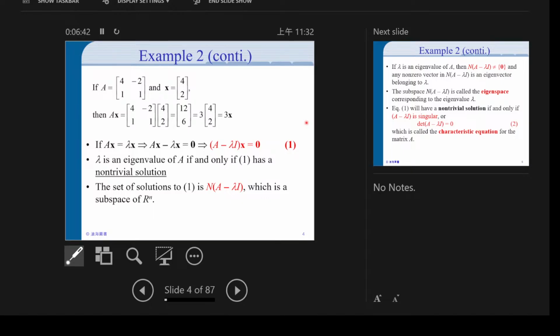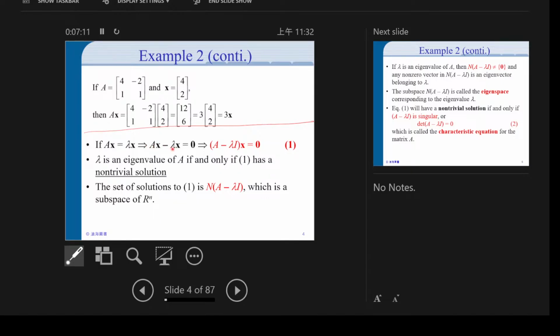So far that's about multiplication of eigenvectors, and now we start solving for eigenvalues and eigenvectors. How we solve for them is we think about this equation. Eigenvalue and eigenvector satisfy Ax equal to lambda x, and this is a linear equation, so you can move things around.